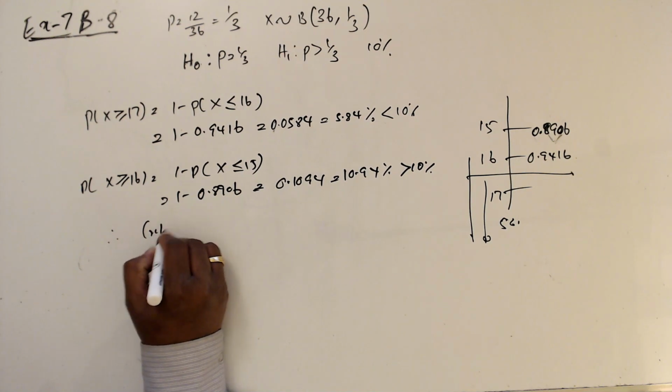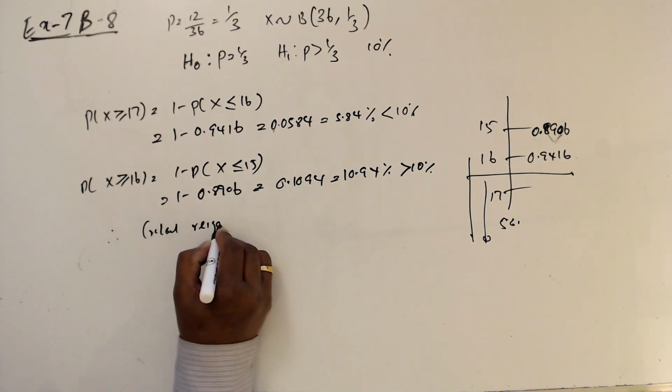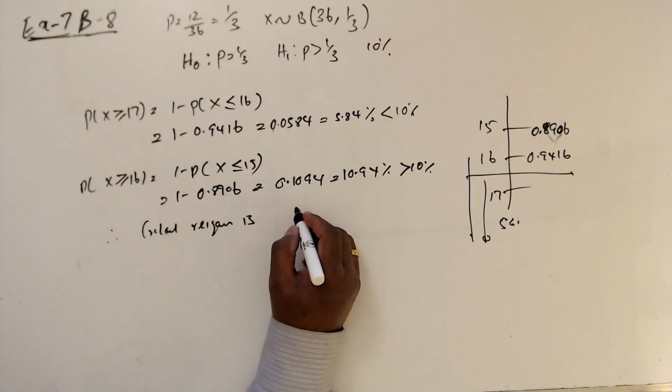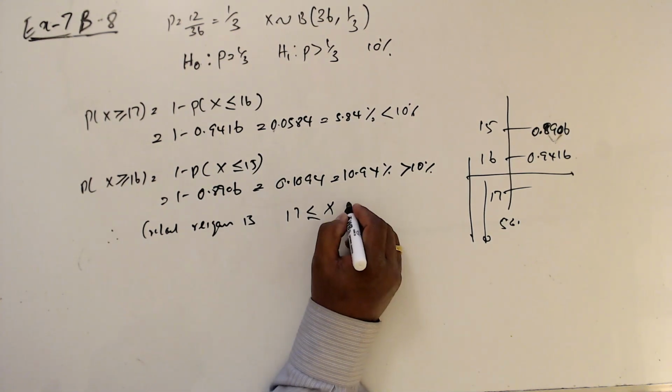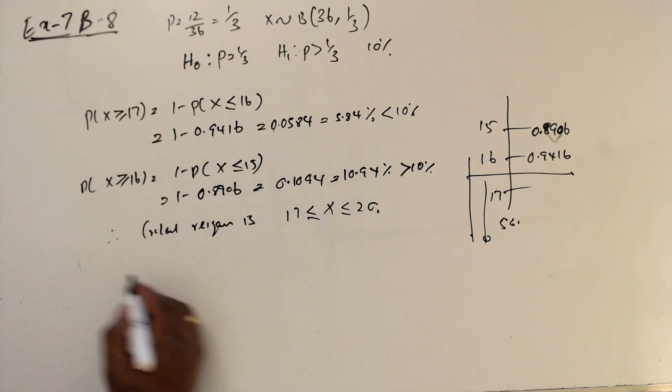Hence the critical region is 17 less than or equal to X less than or equal to 36.